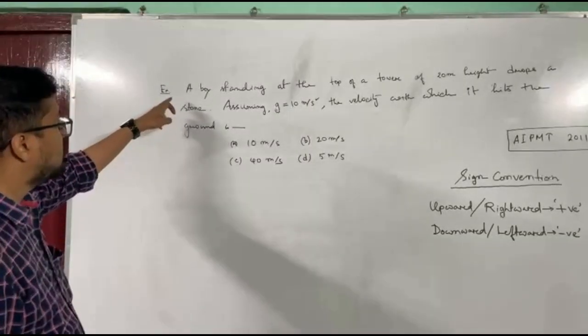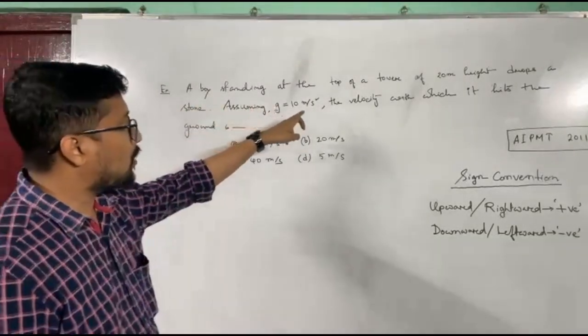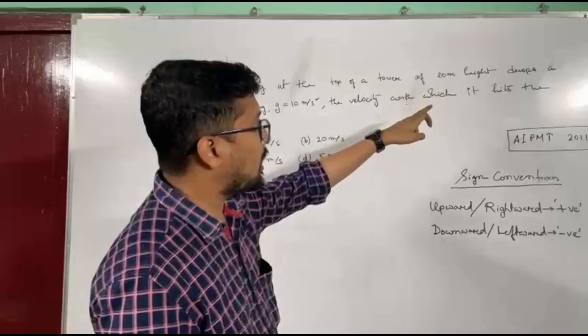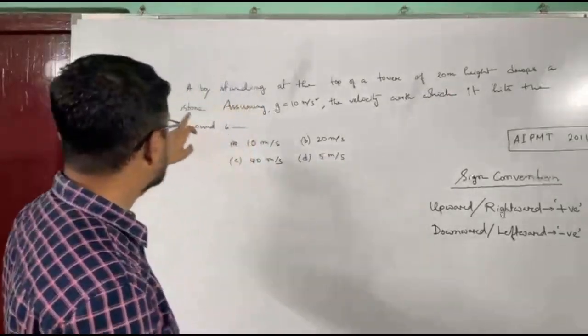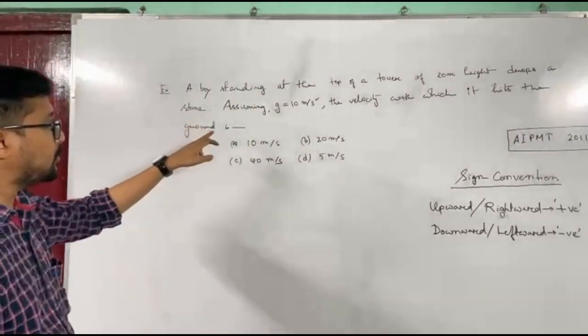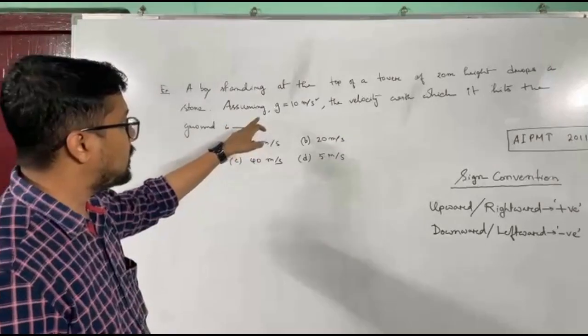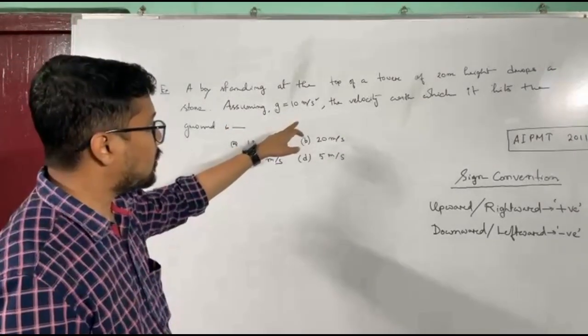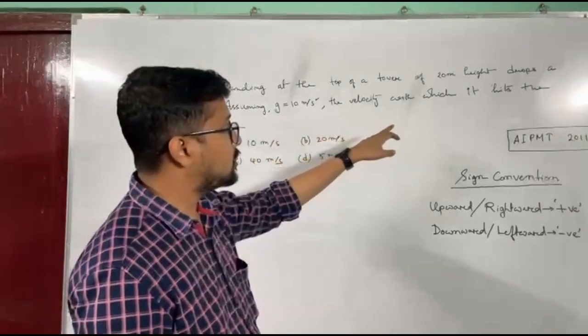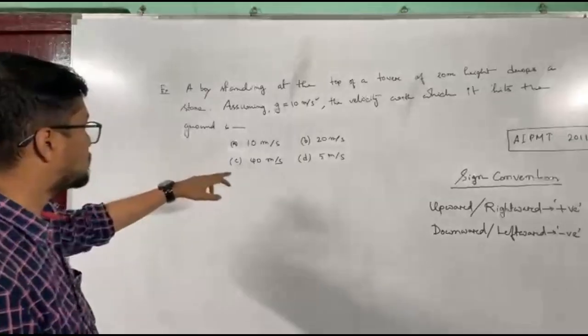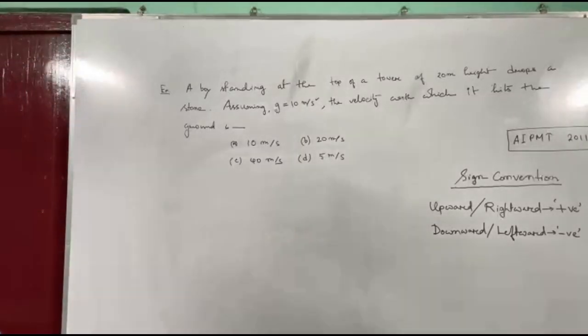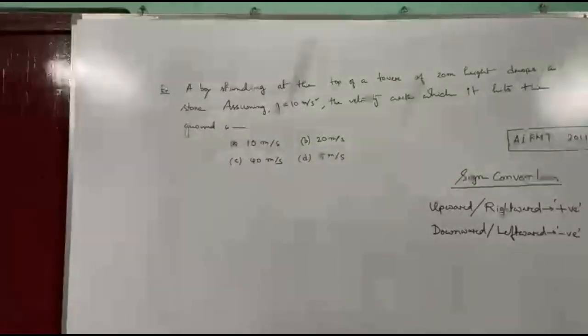The question says, a boy standing at the top of a tower of 20 meter height drops a stone. Assuming acceleration due to gravity g is equal to 10 meter per second square, the velocity with which it hits the ground is. The four options are given. It's a multiple choice question. Let us now solve this question.